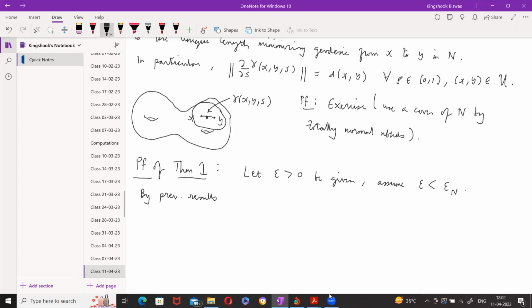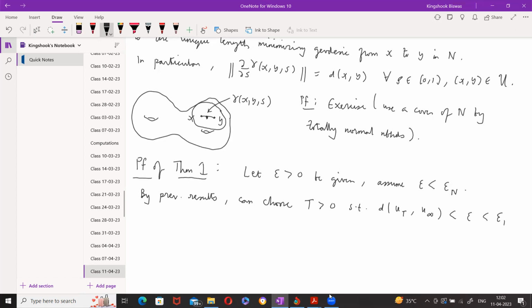u_{t_n} converges to u infinity. So we can choose a capital T such that the distance between u sub capital T and u infinity is less than epsilon, right?